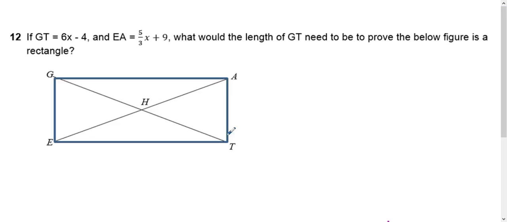If GT is 6x minus 4 and EA is 5/3 x plus 9, what would the length of GT need to be to prove that it is a rectangle?